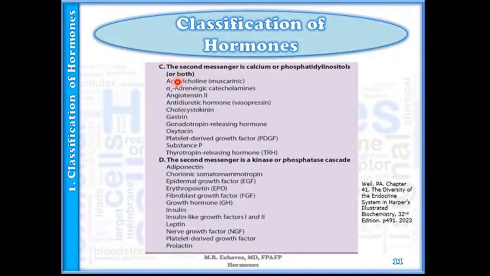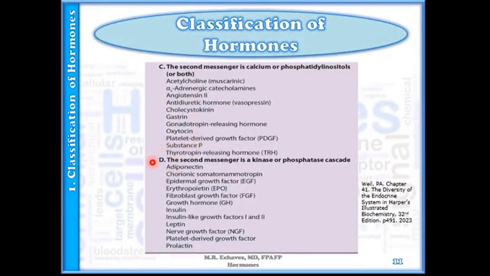Here you would see second messengers that are generated, like calcium, or your phosphatidylinositols, or they can be both. These are the hormones that usually use this: acetylcholine, your alpha-2 adrenergic catecholamines, angiotensin 2, and the like.